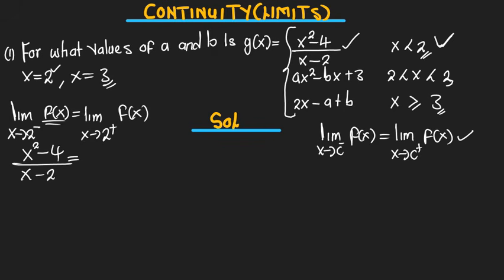Then this must equal, here they are saying x must be greater than 2, so x is on the positive side of 2. The condition is saying 2 must be less than x, meaning x is on the positive side of 2. So on the positive side, we use that equation there.